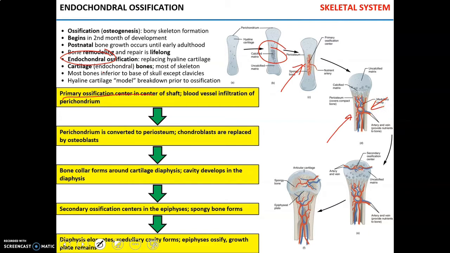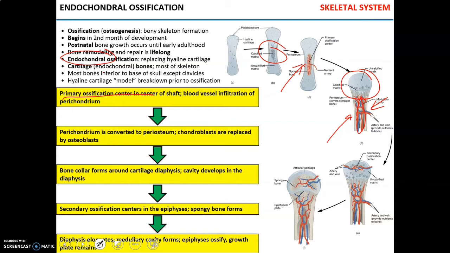In the meantime, arteries and veins get into the medullary cavity that is formed in the diaphysis and start to bring more cells towards the epiphysis, where secondary ossification centers form.